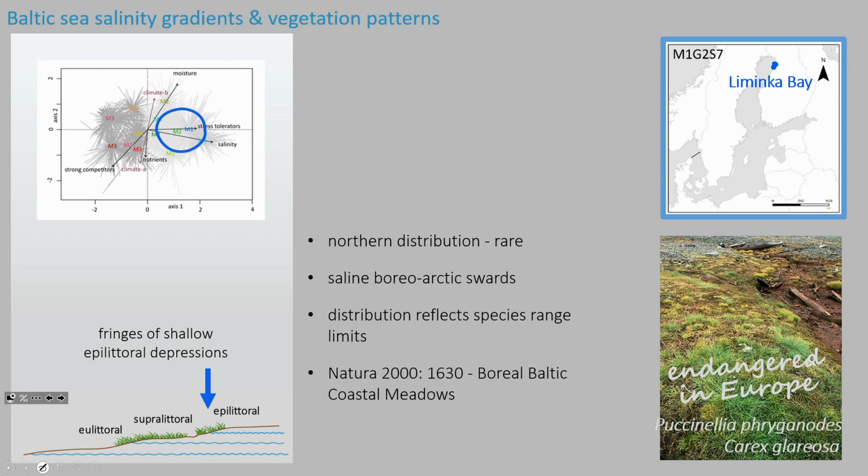But what we of course have here, and what is also an important driver at the Baltic Sea coast, is that we have storms. And those storms, especially in autumn and in winter, bring up the saline water, or this almost fresh water, up into the higher littoral zones.